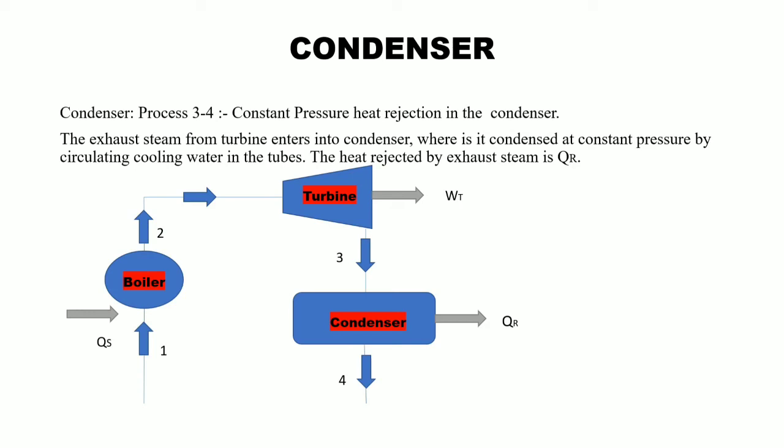Here we see heat addition in the boiler, QS, and heat rejection in the condenser, QR, occur at constant pressure. The exhaust steam from the turbine enters the condenser, where it is condensed at constant pressure by circulating cooling water in the tube. The heat rejected by the exhaust steam is denoted by QR.